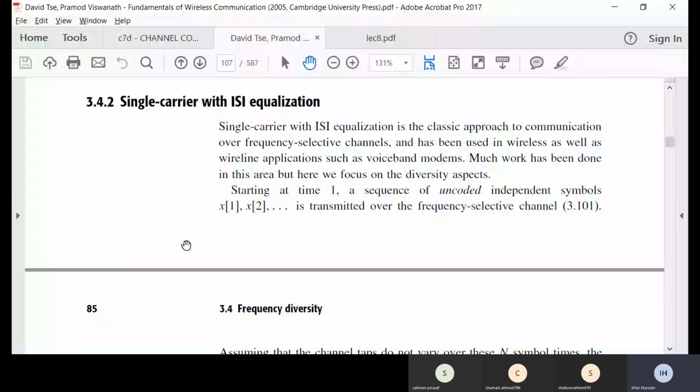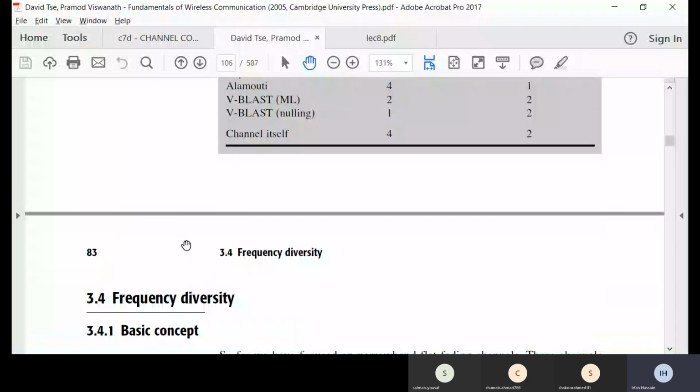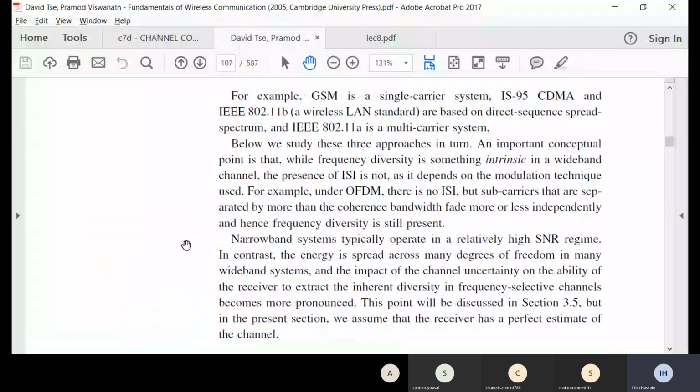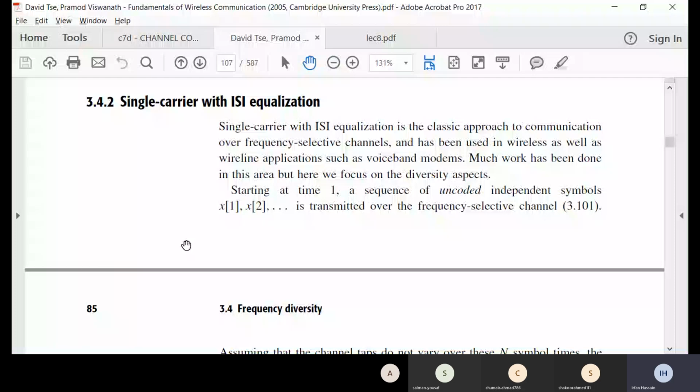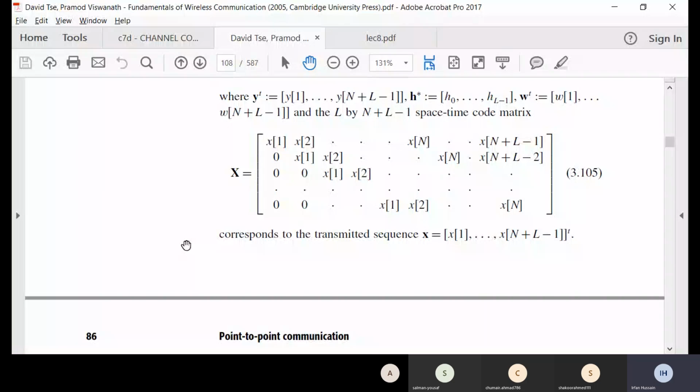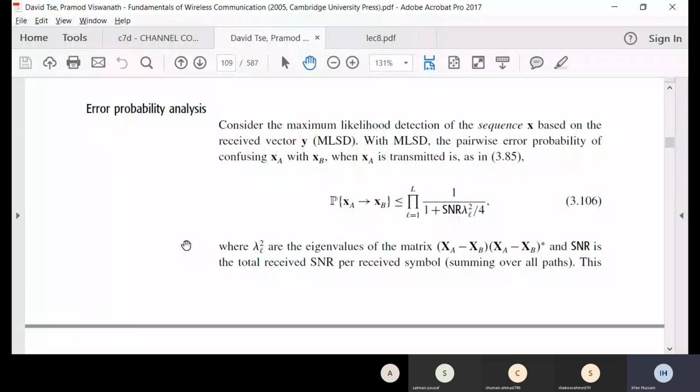For example, in previous antenna diversity and time diversity, we were actually considering diversity for a single symbol. Here we were also considering a single symbol, but at the same time we will need to learn about MLSD.